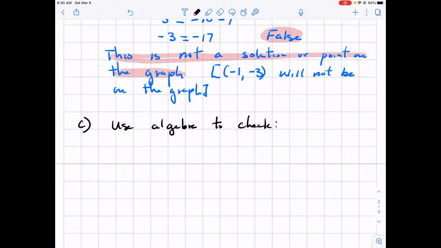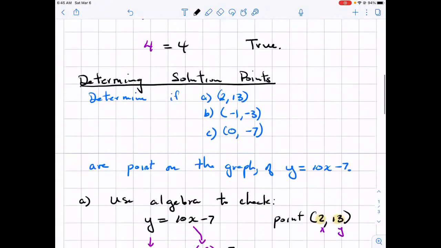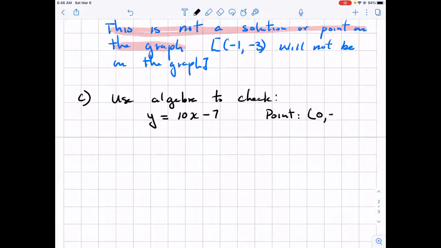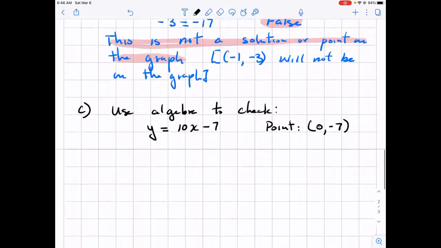Okay. We have y is equal to 10x minus 7. And the point now for part C is (0, -7). So we're doing the same procedure as we did here.